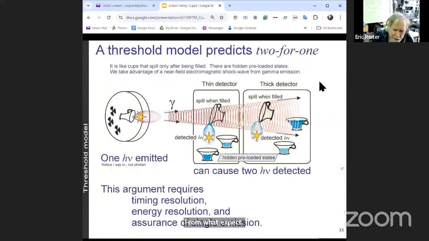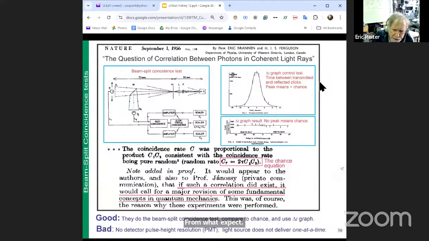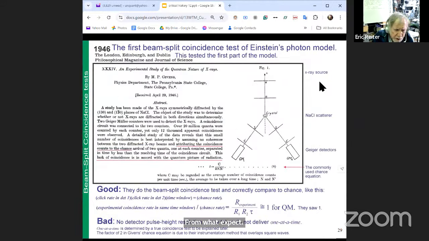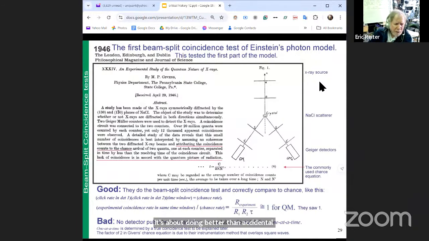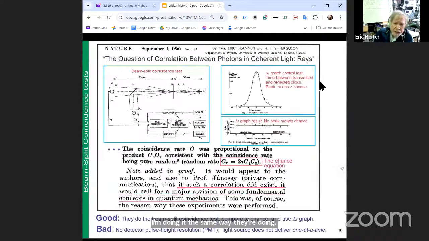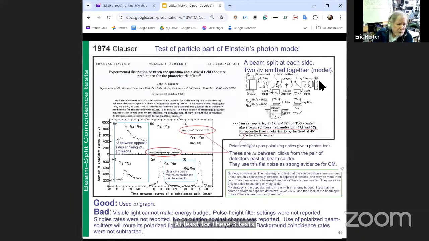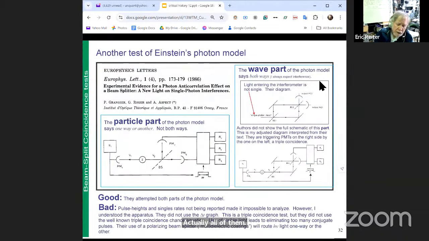It's about comparing to chance in the beam split coincidence experiment, in this whole history of other people that have done a similar experiment. It's about doing better than accidental chance as to what happens with clicks past the beam splitter. I'm doing it the same way they're doing, at least for these 3 tests. Actually, all of them.